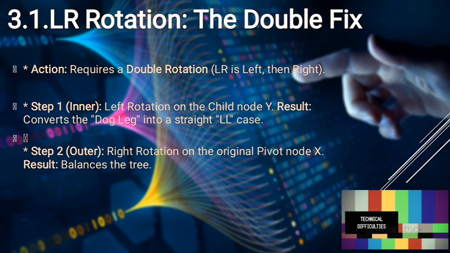To fix this, LR requires a double rotation. Step 1: we perform a small left rotation on the pivot's left child. This converts the dog leg into a straight leg. As step 2, we then perform the standard right rotation on the original pivot to complete the balancing.